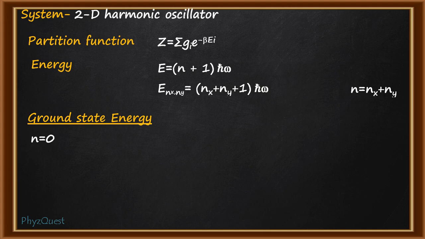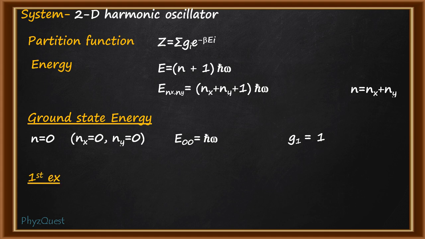This means nx is equal to 0 and ny is equal to 0. So the energy here will be E00 equal to h cross omega. Since this is a non-degenerate state, the degeneracy G1 is equal to 1.